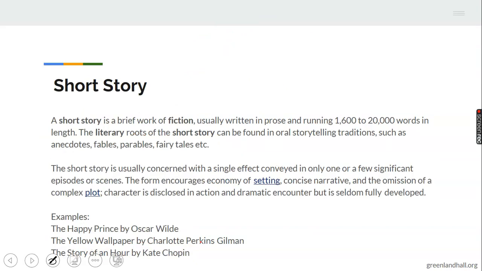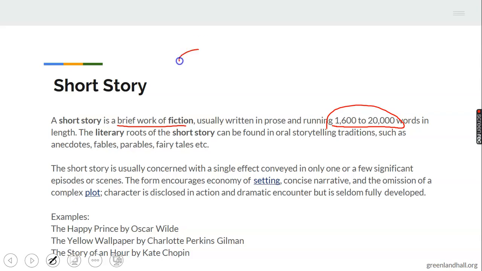They also have the short story. A short story is a brief work of art, usually between 1,600 words and 20,000 words. It has a single plot and few characters.